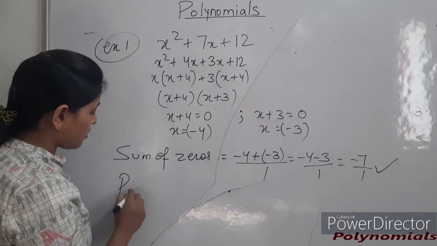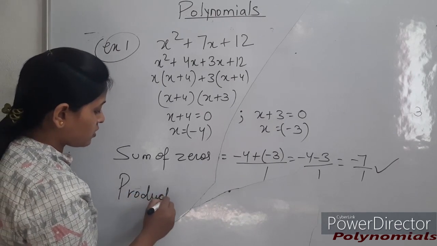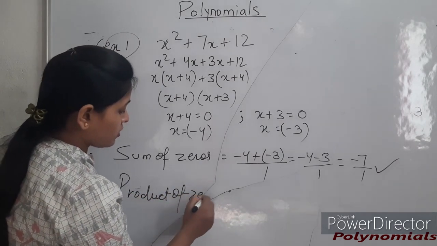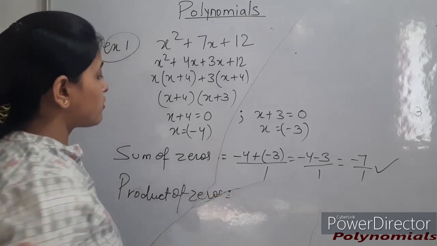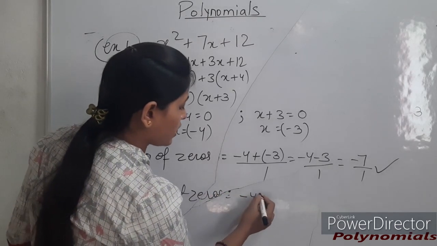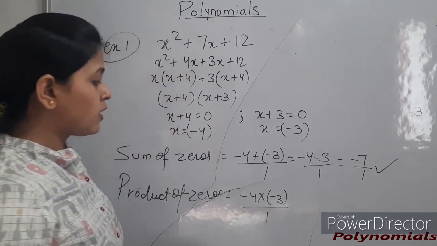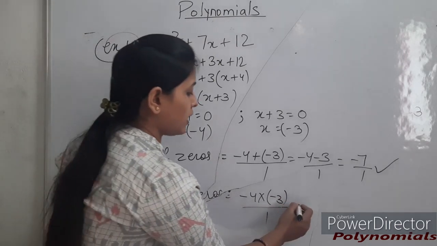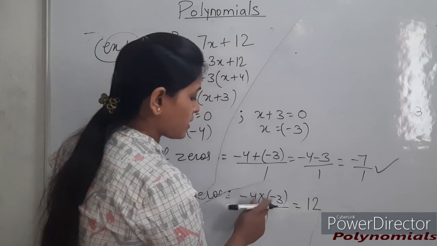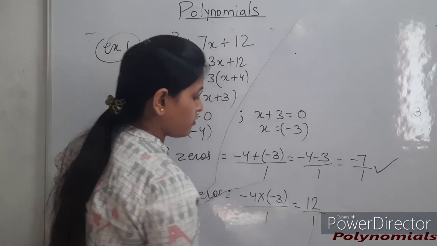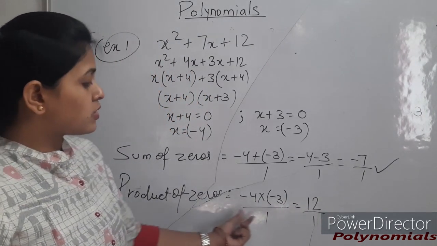Now let's talk about the product of zeros. The product of zeros is minus 4 into minus 3 divided by 1. 4 into 3 is 12, minus into minus is plus, so the product of zeros is 12 by 1.